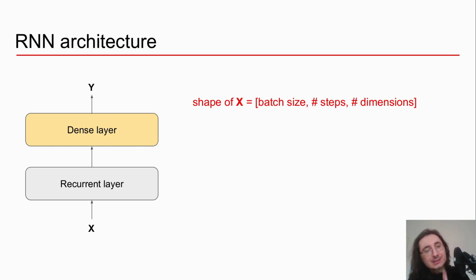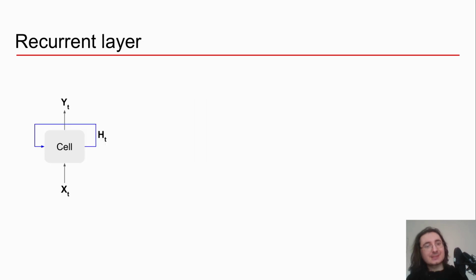So this is more or less the architecture from a very high level point of view. Now let's get into the recurrent layer and understand how it works. For the recurrent layer, the most important component is the cell. The cell is the one that processes all the information. Here we can have a lot of different types of cells.